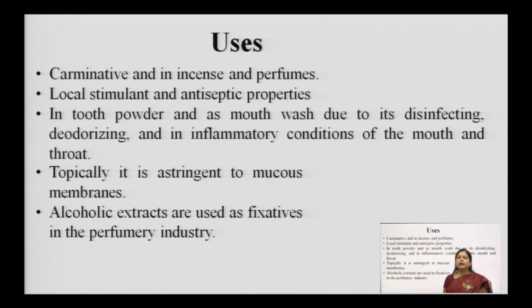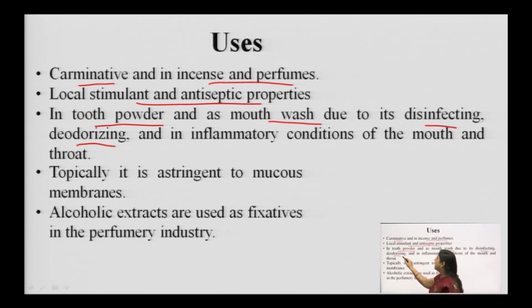And the main uses are, it is generally used as carminative, in incense and perfumes, means very good smelling substances, as a local stimulant and antiseptic. In tooth powder, it is used in mouth washes for disinfection, also improving the smell, means deodorizing, means removing the bad odor. Inflammatory conditions, means there is any kind of problem in the mouth or sore throat, there it is used.